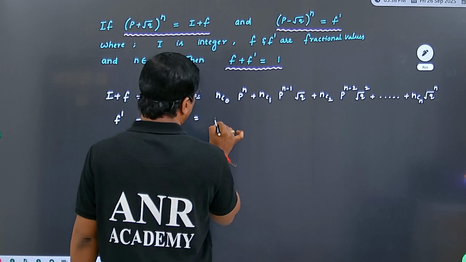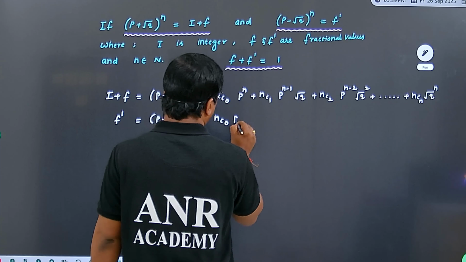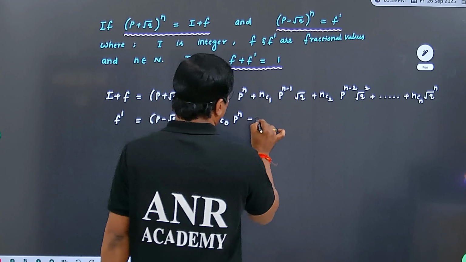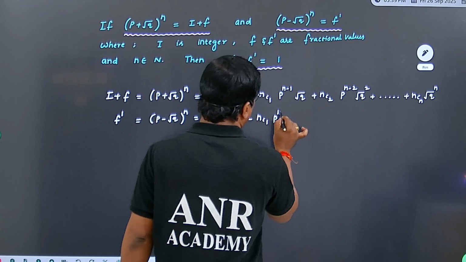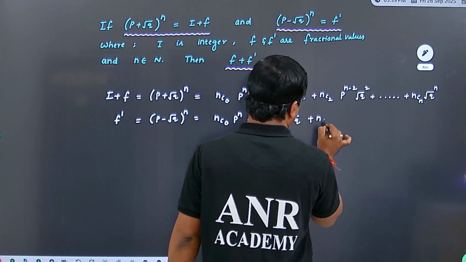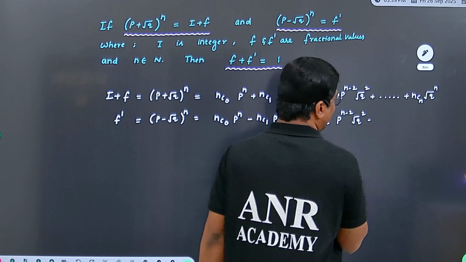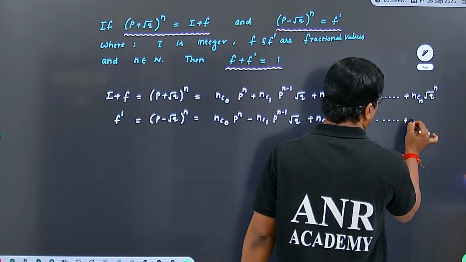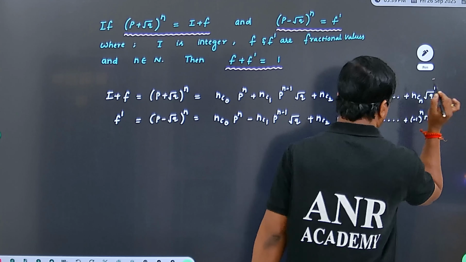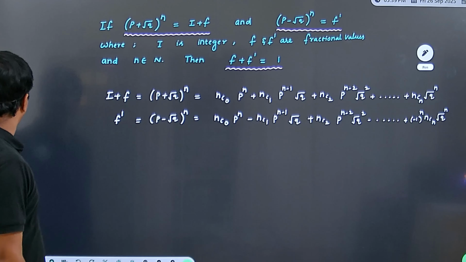I am going to expand it with the help of the binomial theorem. nC0 p power n, alternating plus and minus signs, you will get the result: nC1 p power n minus 1 root q, after that plus nC2 p power n minus 2 root q whole square, then minus sign and so on. The last term is minus 1 power n nCn root q whole power n. These are the two results after expansion.